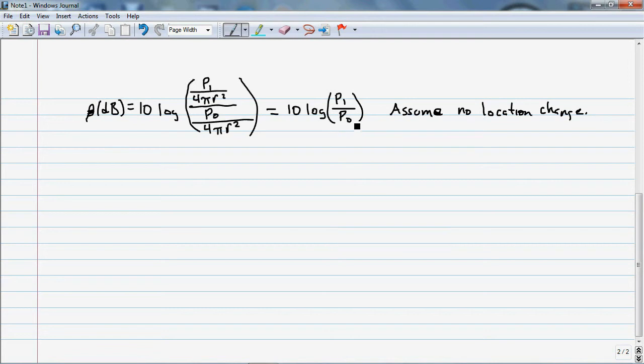Now I can have this power P naught equal to different things.